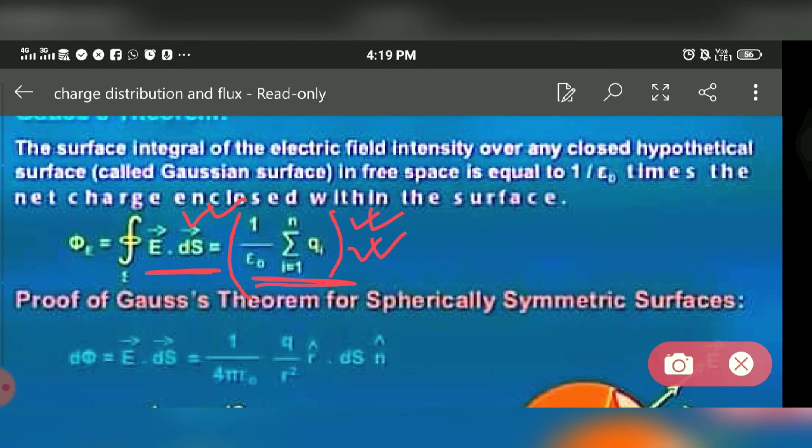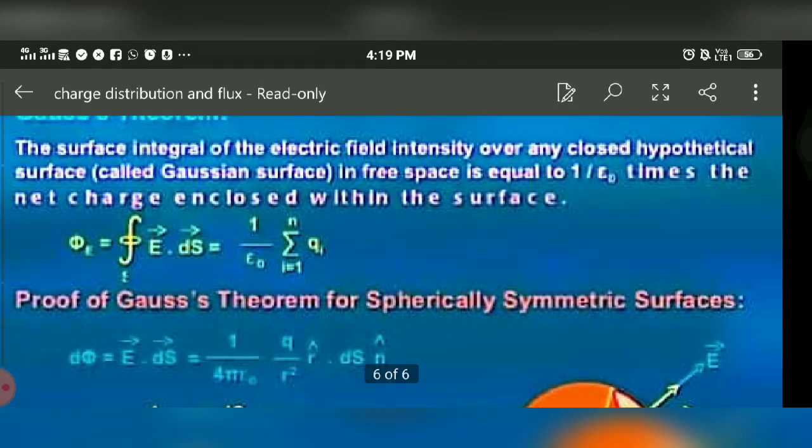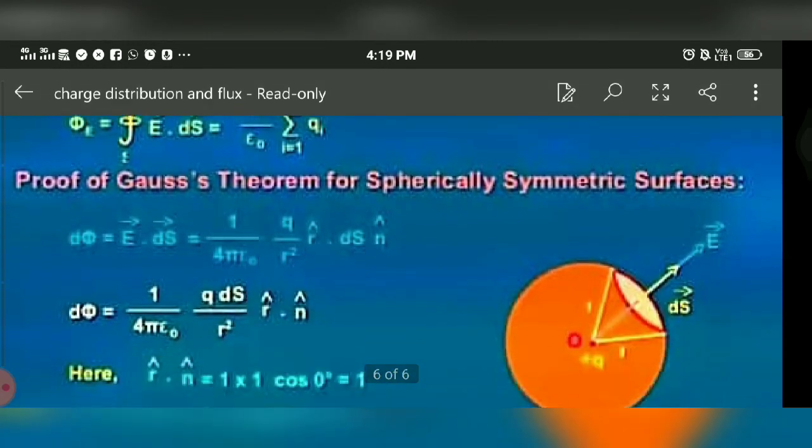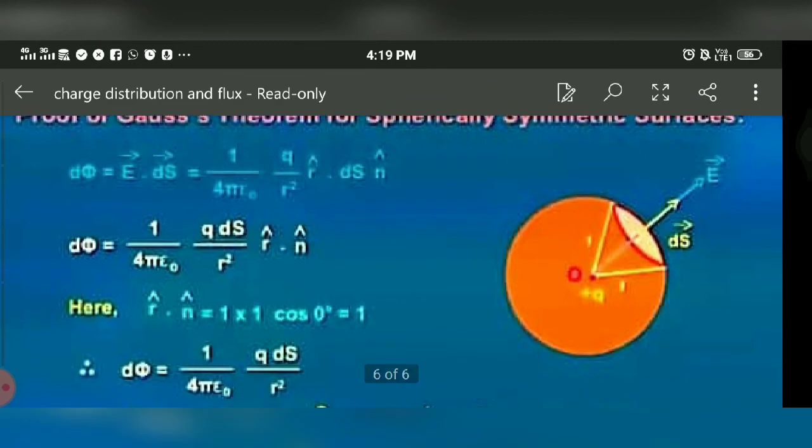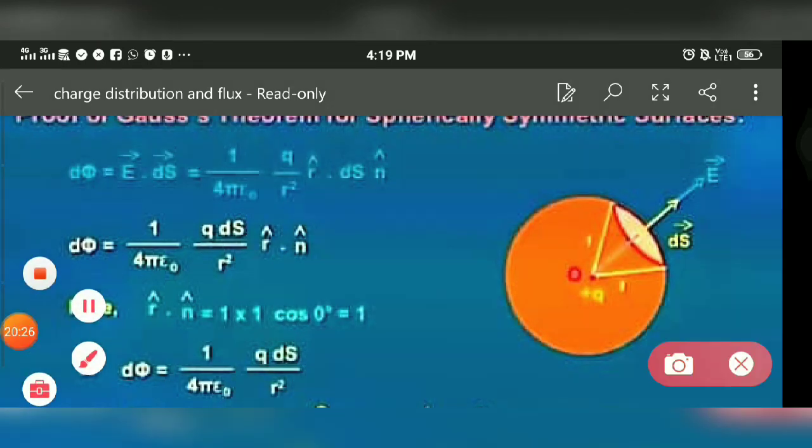So let's start. We start with phi equals integral of E dot ds. First of all, I'm considering a spherically symmetric surface. For a spherically symmetric surface, charge is distributed all over the surface, and I choose a small element ds.